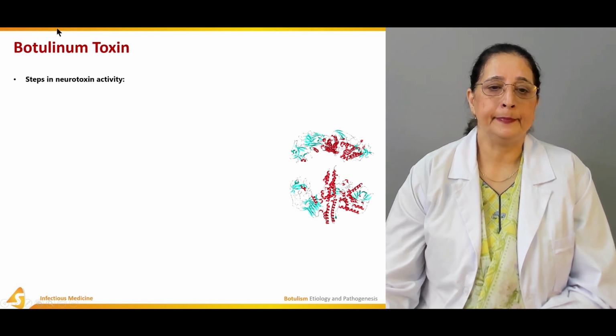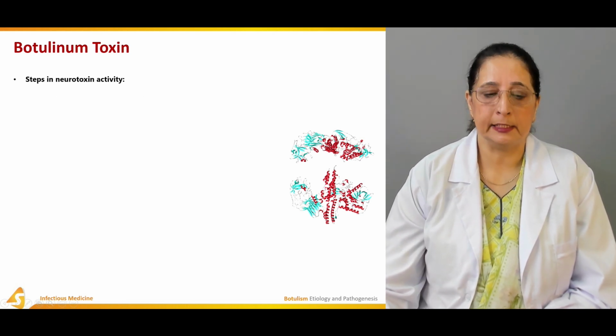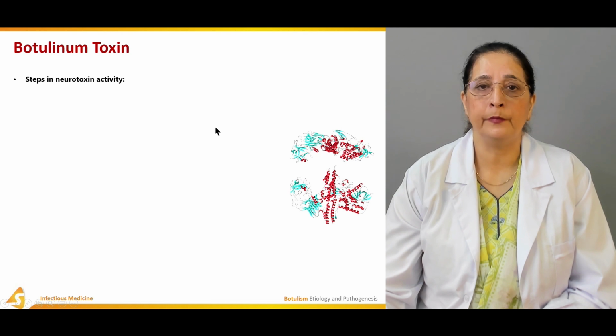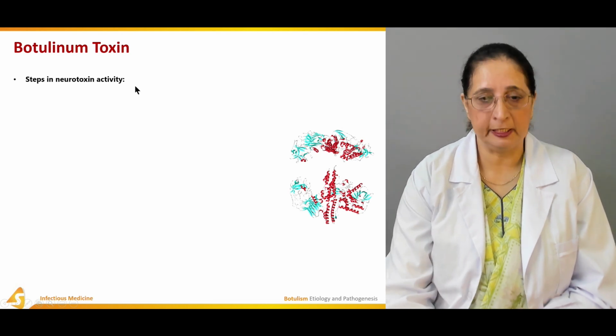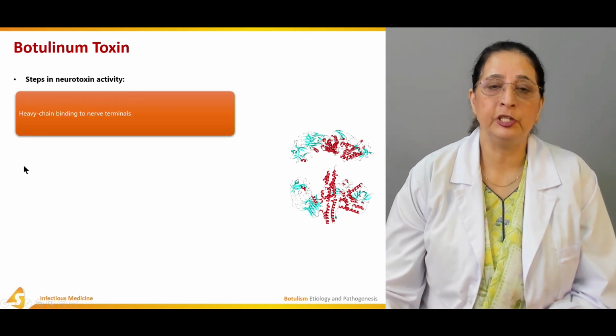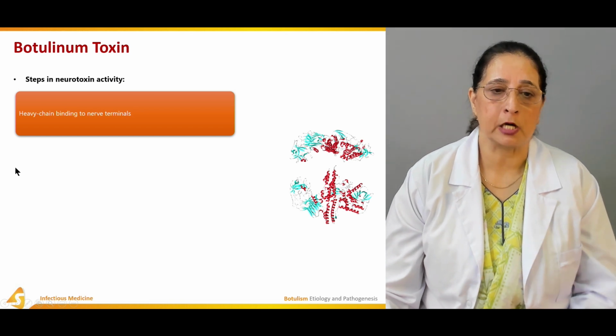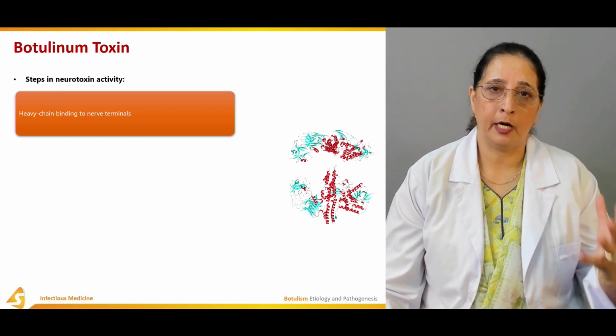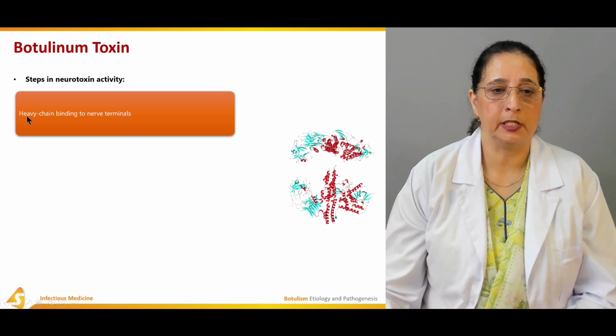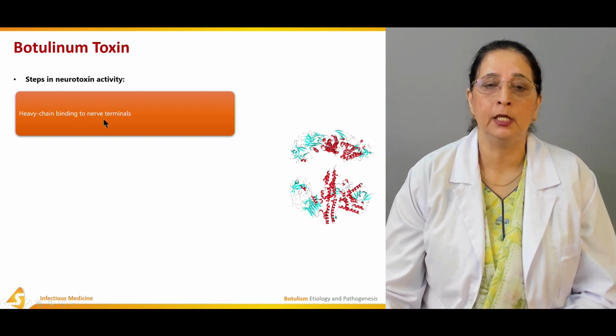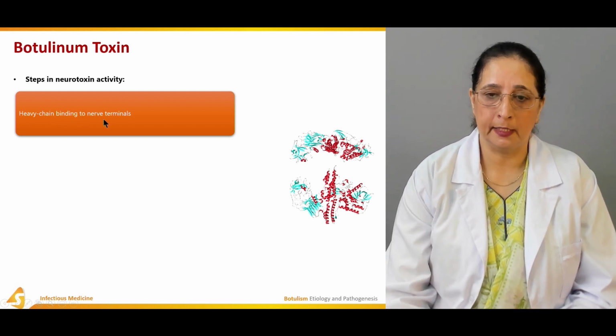Now, the steps in the neurotoxin activity. First, the heavy chain of the toxin, about 100 kilodaltons, binds to the nerve terminal.